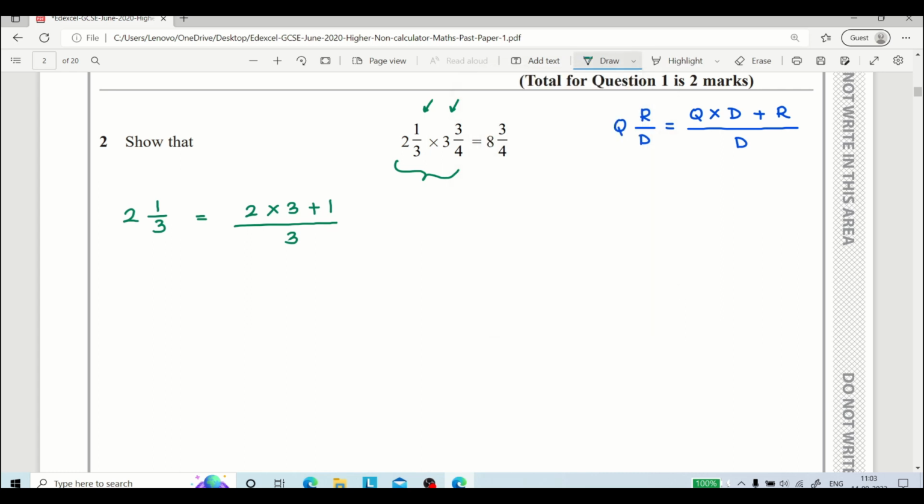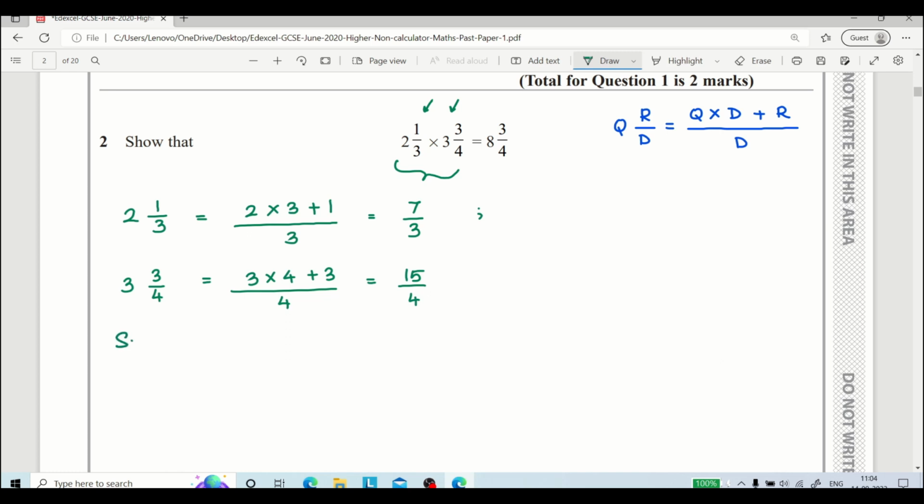So that gives us 7 by 3. Please verify. Similarly, you'll have 3 3 over 4 equals 3 into 4 plus 3 over 4. That is equal to 15 over 4.